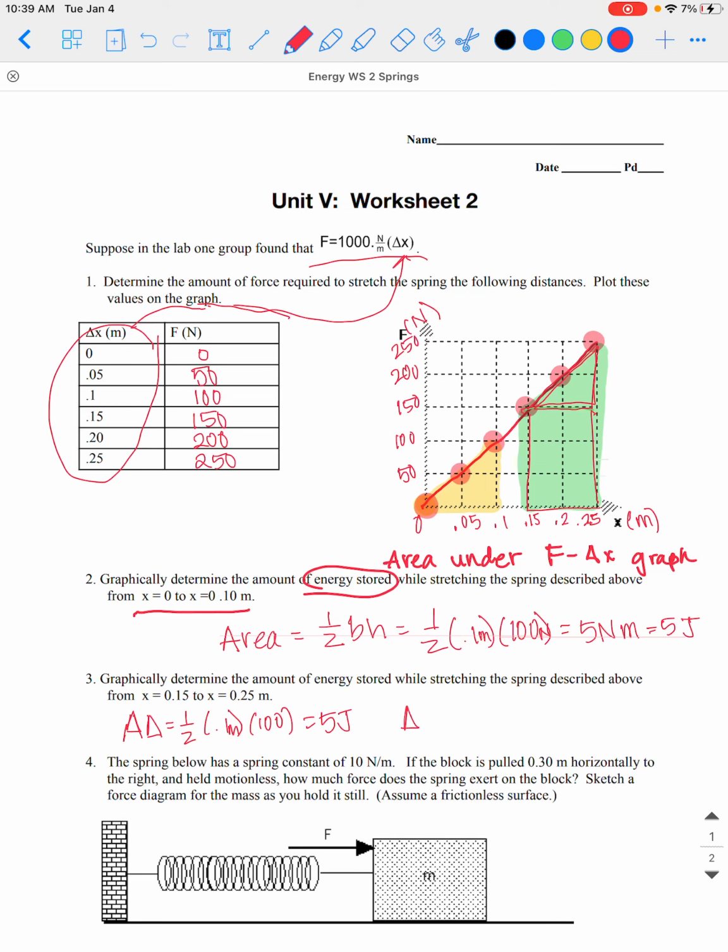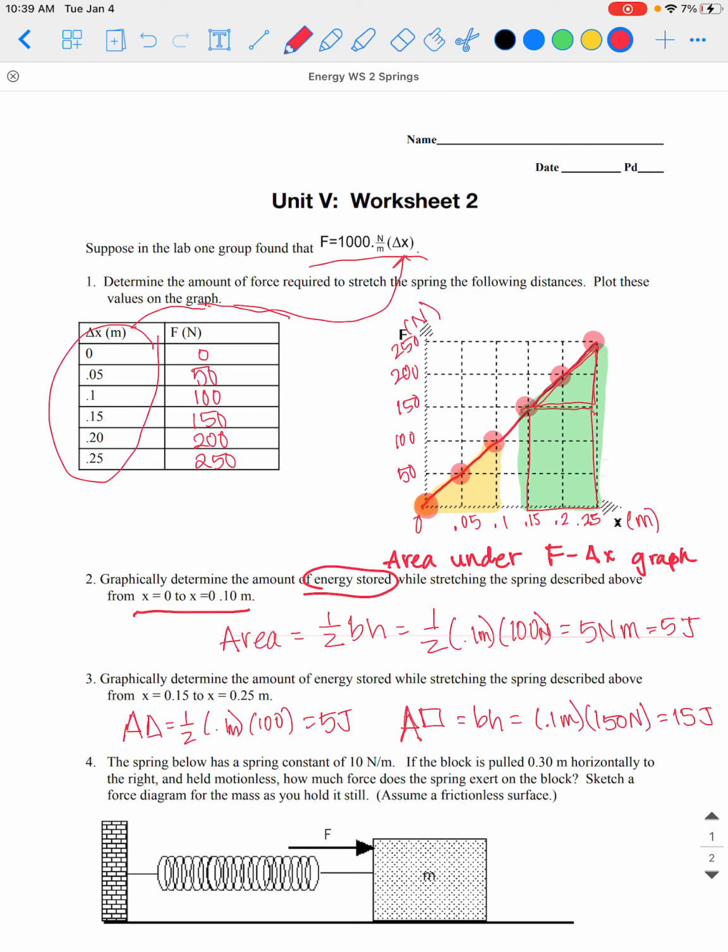And then the area of the rectangle is equal to base times height, which in this case is a base of 0.15 to 0.25, again 0.1 meters, and then a height of 150 newtons. So in this case, our answer would be 15 joules.